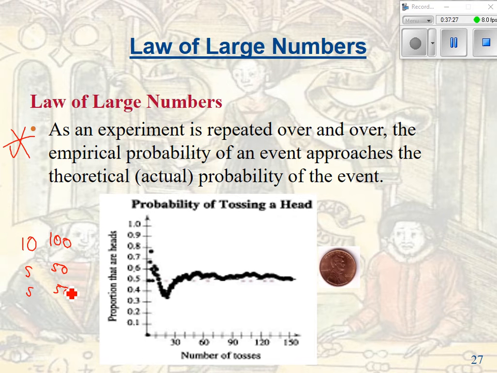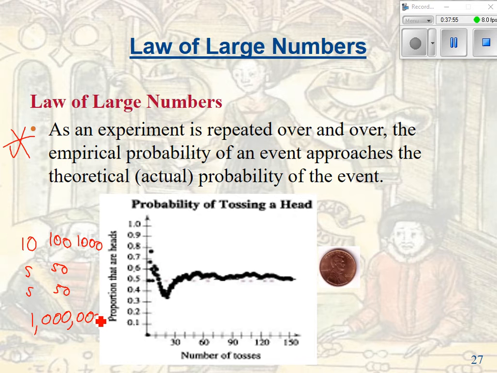Not everybody's going to get 50 and 50. But the larger we get with how many times we do it, when we get up to doing it 1,000,000 times, so I have each one of you flip the coin 1,000,000 times, we're going to get closer and closer and closer to actually being at the probability that should occur, 1/2 of the time. So that's all the law of large numbers says.